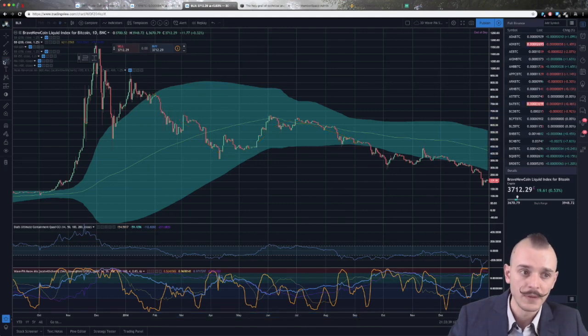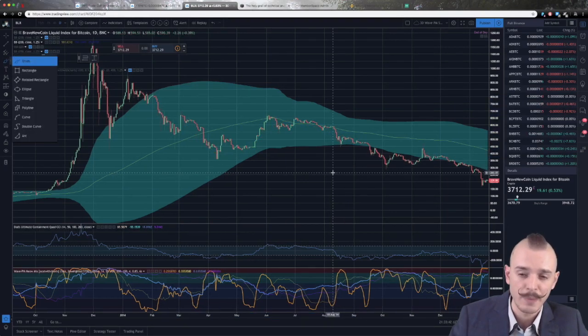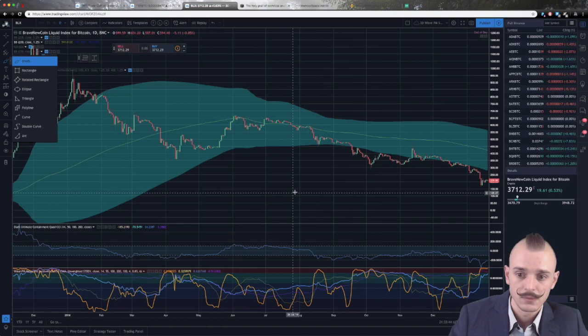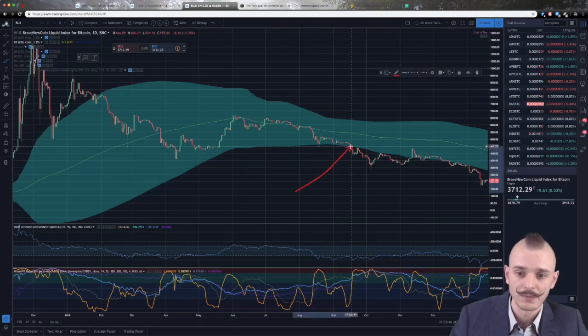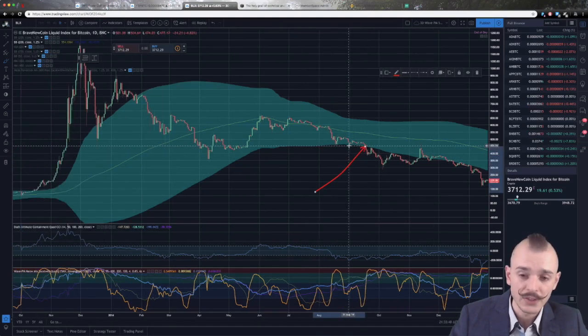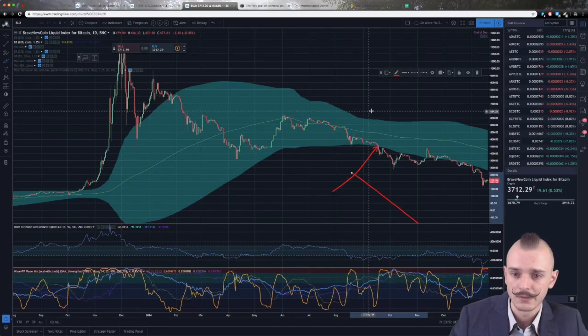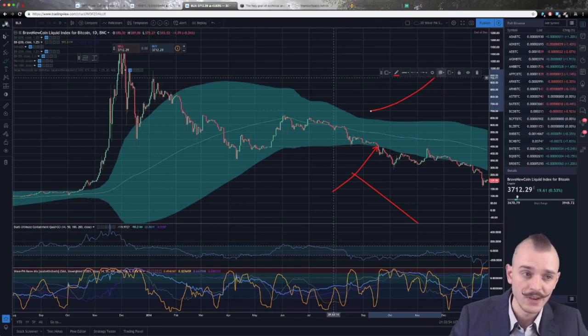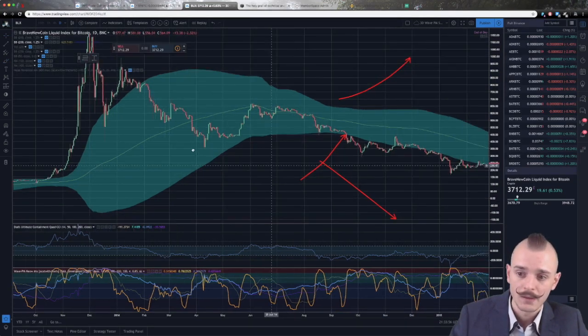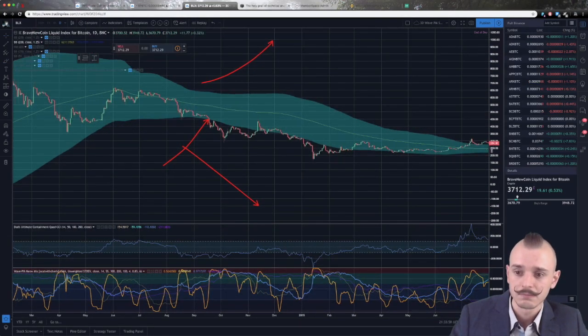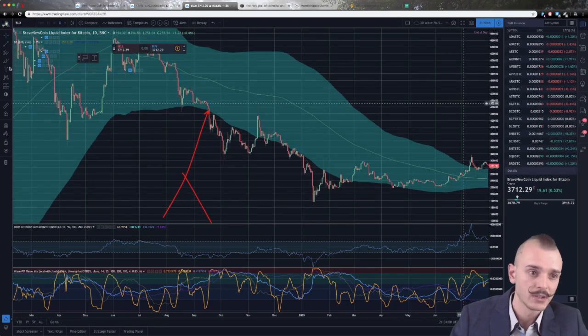What is not healthy is downward expansion, which starts to happen at this location, because now the 200 distribution is actually expanding to the downside. Downward expansion is downward trending. And downward trending, well, that should be pretty self-explanatory.